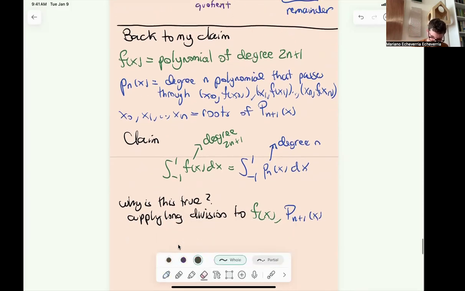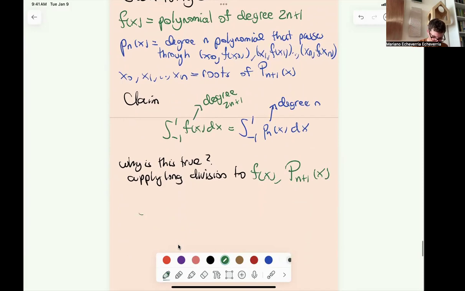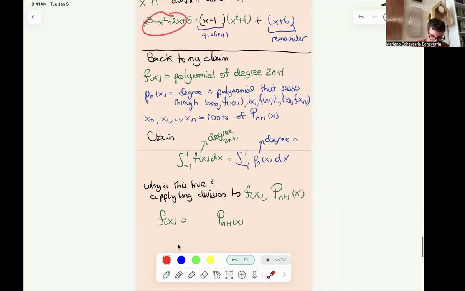Actually, let me see if I can keep the same colors. Okay, so just based on the structure that I was giving you before, let me see if I can zoom out so that you can compare it. When you have the polynomial, you have the polynomial you're trying to divide by, the degree n plus 1 Legendre polynomial.